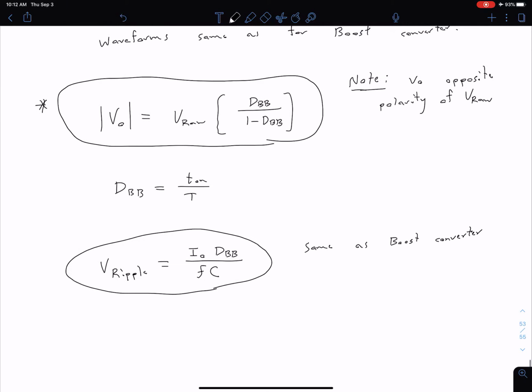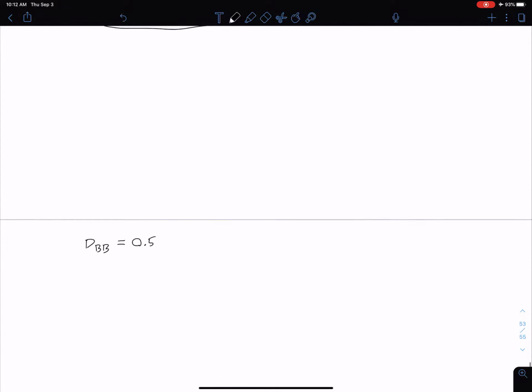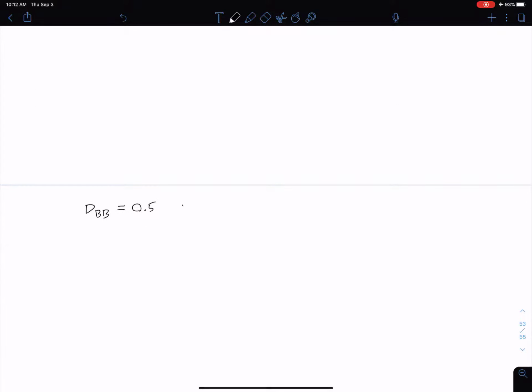Considering this circled equation, the term in brackets, d_BB divided by 1 minus d_BB, becomes 0.5 divided by 1 minus 0.5, which is just equal to 1. So we have the magnitude of V out equals V raw. Again, we want to note that the polarities are different though.